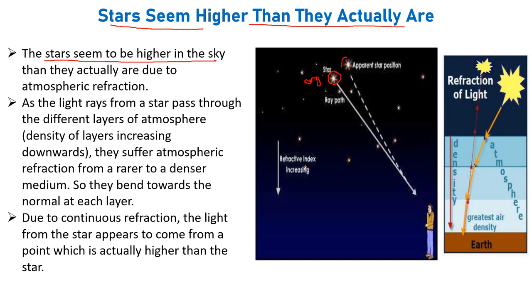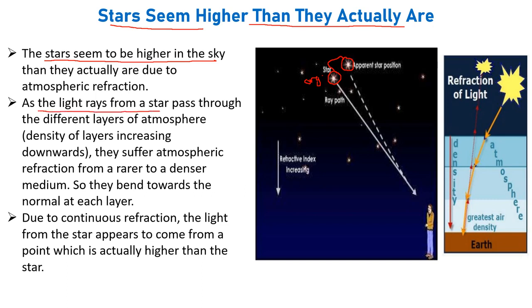Here is the apparent star position. Apparent means this is not the original position. So for the star we see here, a certain displacement took place from the real position of the star to the apparent position of the star. Now let's understand this phenomenon.